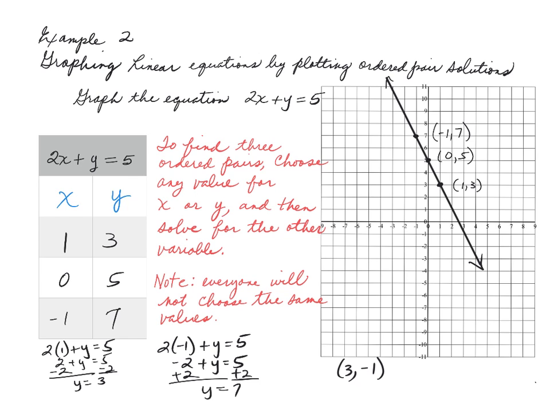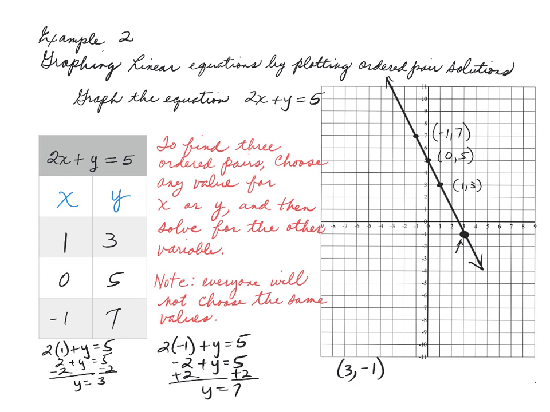If you had chosen 3 for x and come up with a negative 1, look at 3 and negative 1. It's down here. See, I just plotted that point right there. So it's on our line.